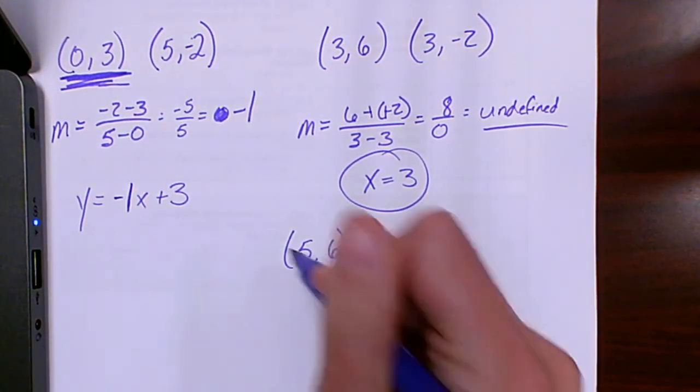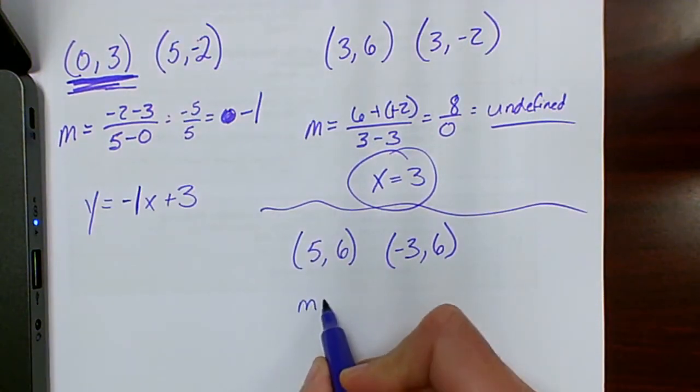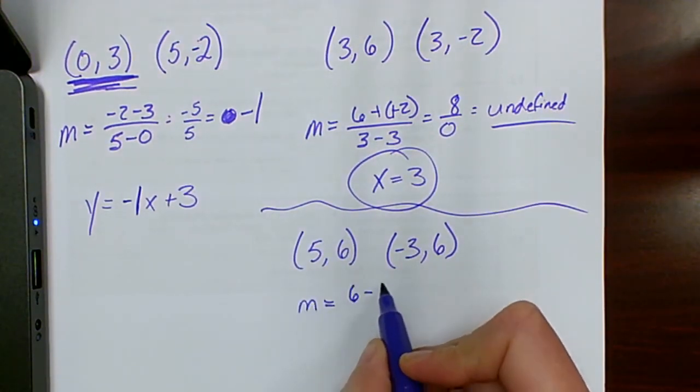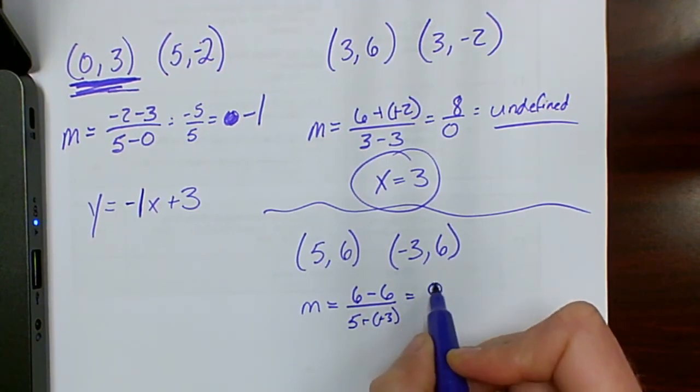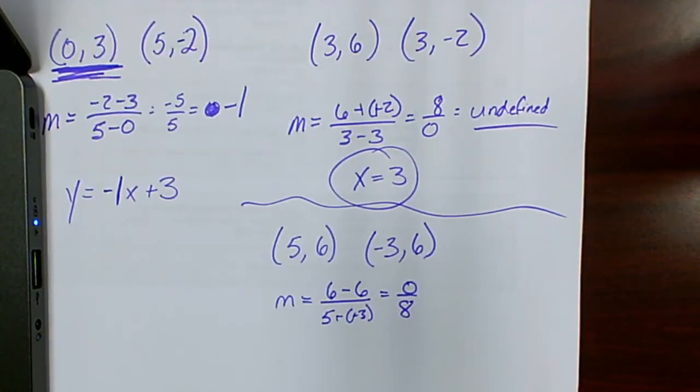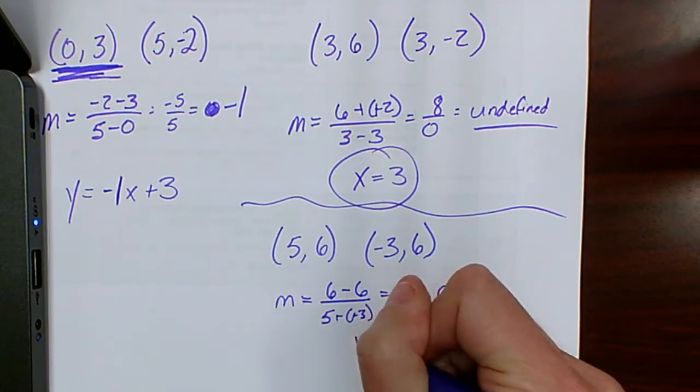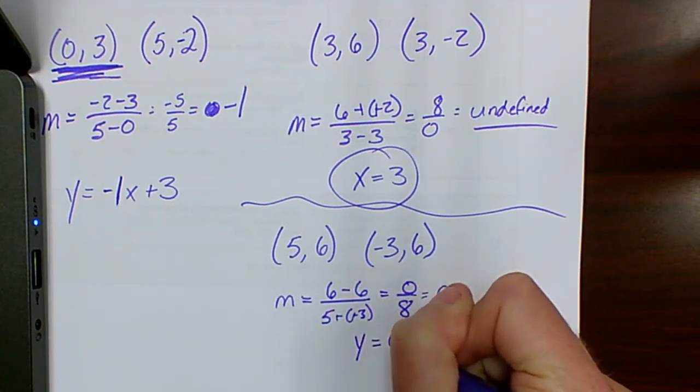Okay, so let's look at these 2 points. Let's find the slope. Zero over 8. We have a slope of 0. You can go ahead and put the slope and a point in your point slope form, but it will be simply y equals 6.